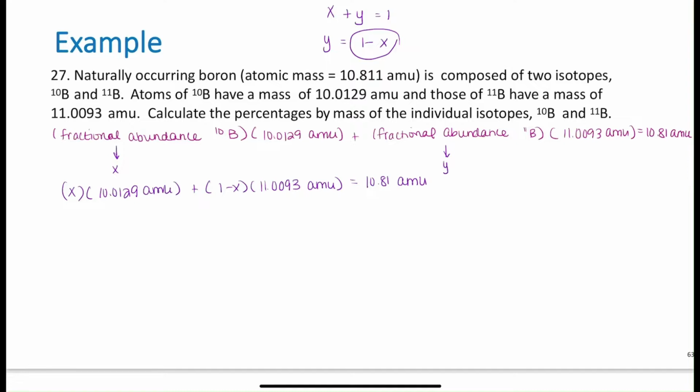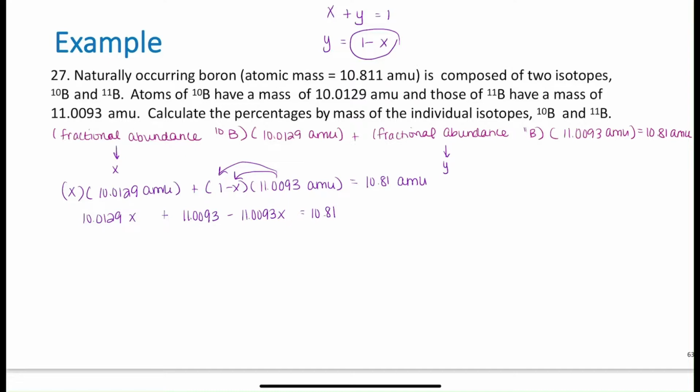So to simplify, this means I have 10.0129X plus, distribute this through, 11.0093 minus 11.0093X equals 10.81.